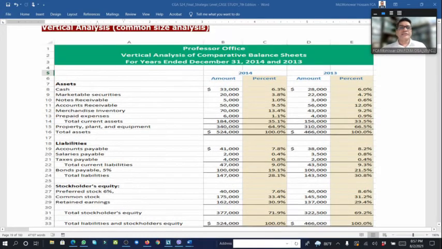But look here, accounts receivable, for example. Previous year it was 12%, but this year 9.5%. It means that you are a collecting master, so your accounts receivable is less than the previous year in total. So you are a good accountant, you bring the money from the receivable.